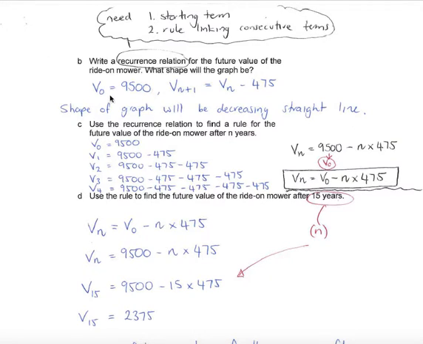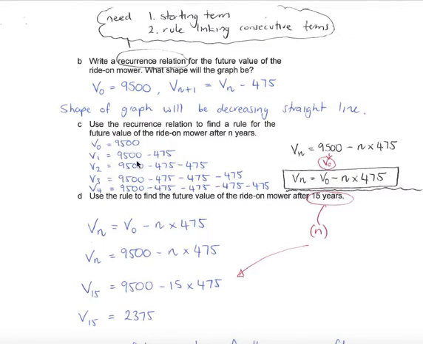But if we're writing a recurrence relation, we use the initial value of 9,500, comma, the value that we're looking for, the value after so many years, is equal to the value of the year before it, subtract $475. So you can see that, you can do that over the first few years. We've got the value after so many years equal to 9,500, subtract the number of years times 475.